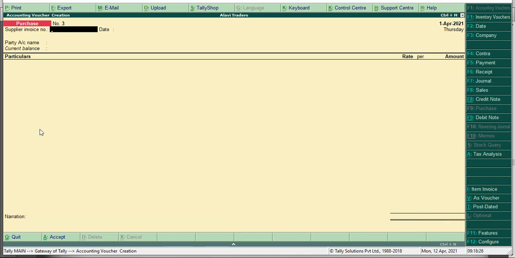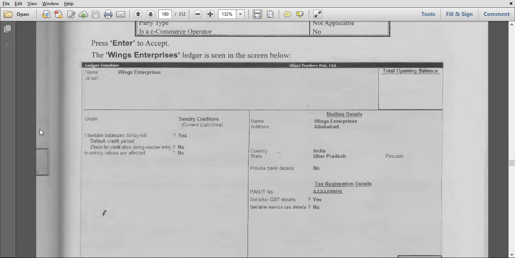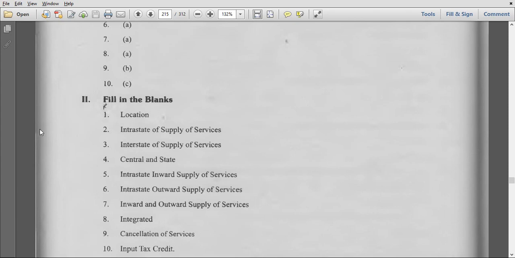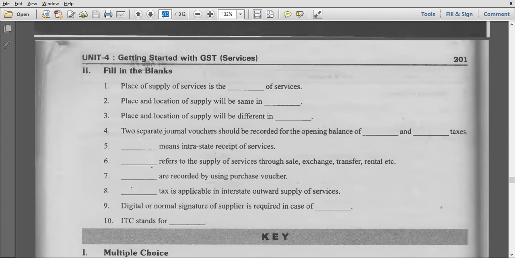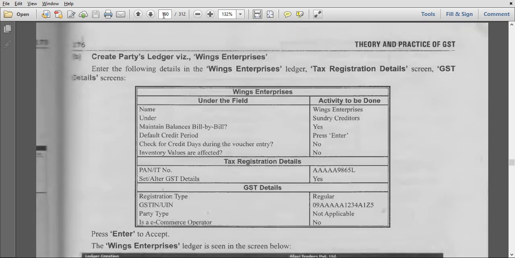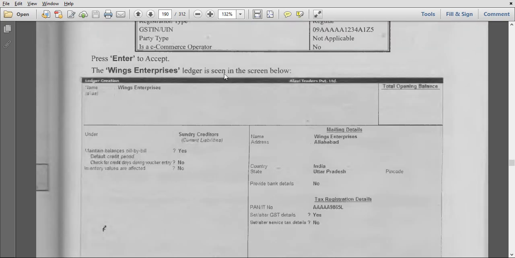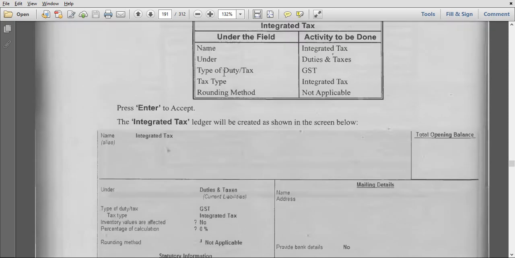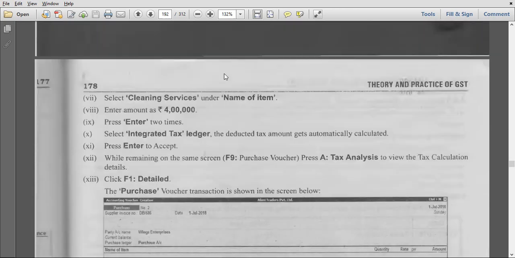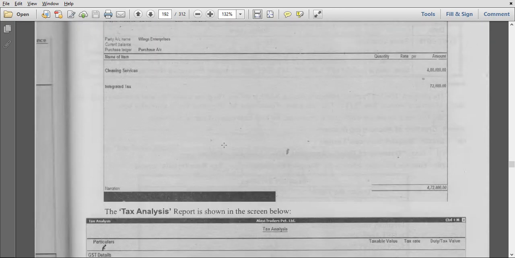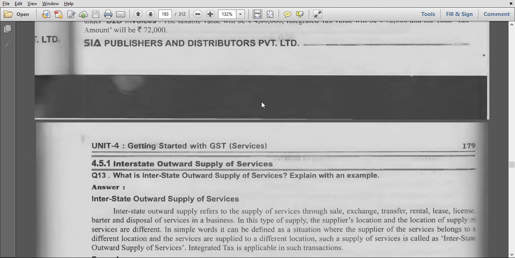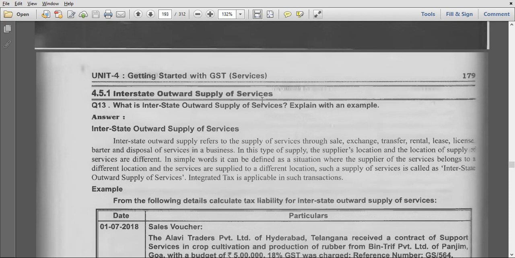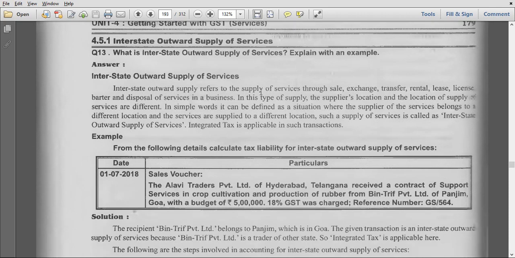So we can see this transaction. Integrated tax 4,72,000. So we can see that in GSTR2, so that is about integrated inward supply. The same will go with integrated outward supply of services.